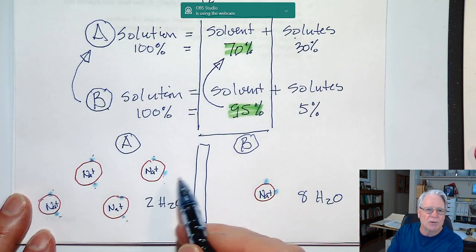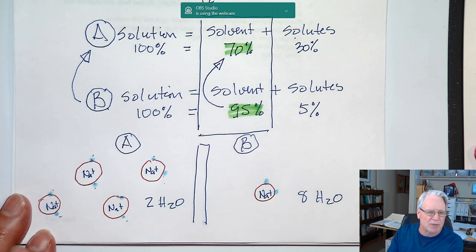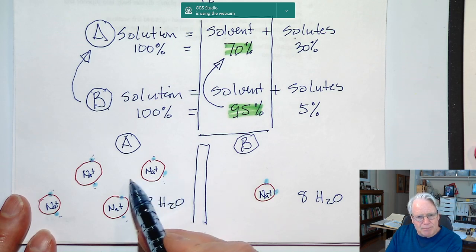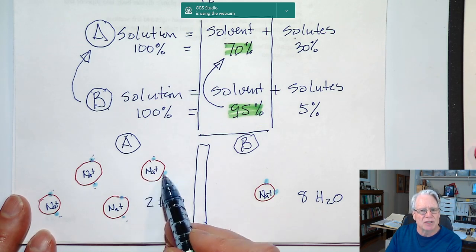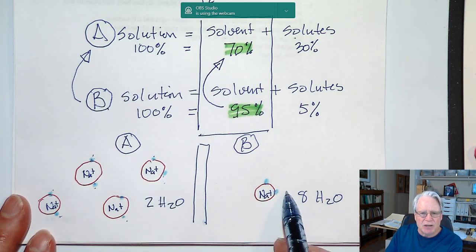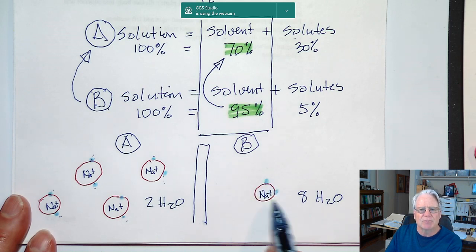The water molecules bound to the sodium are out of play because they're attached to the sodium, and so they're not free to move. But the water that's not bound up to the sodium can move.